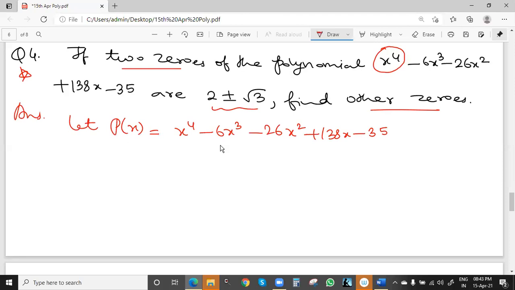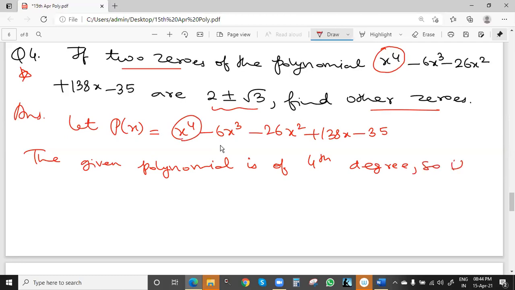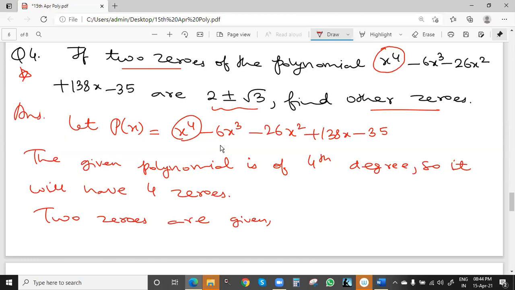The given polynomial is of fourth degree, because the maximum power of x is 4, so it will have 4 zeros. 2 zeros are given. Remaining 2 zeros we have to find.